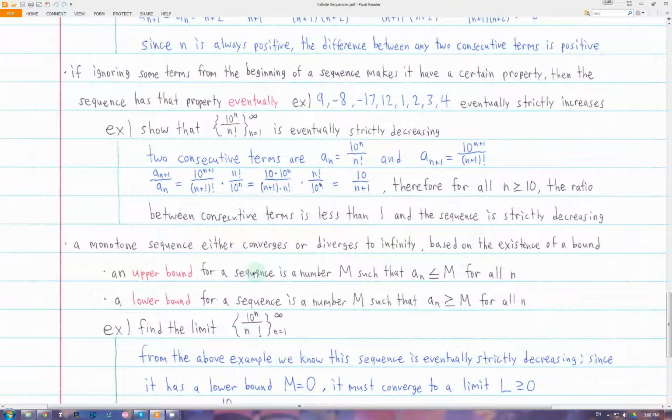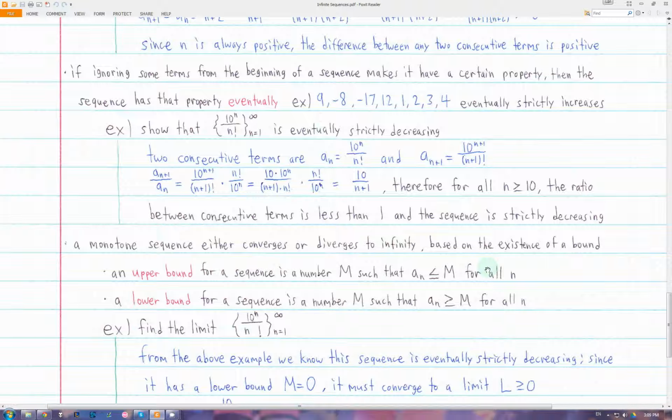And if we have a monotone sequence, then only one of two things can happen. It either converges or diverges to positive or negative infinity, because a monotone sequence cannot oscillate. And so this is based on the existence or non-existence of a bound.